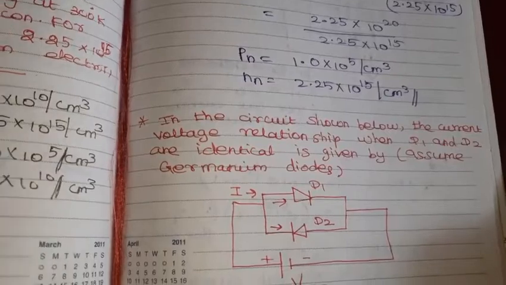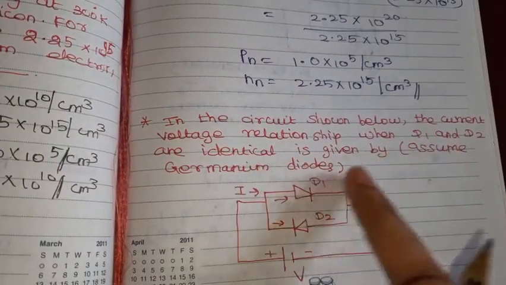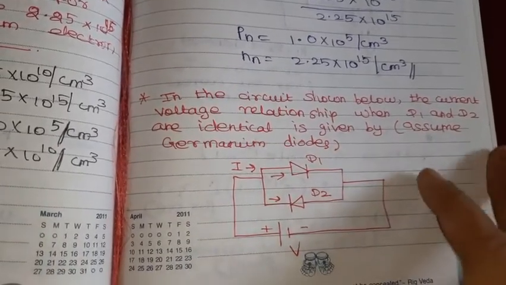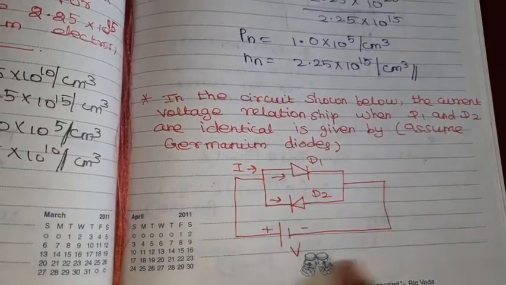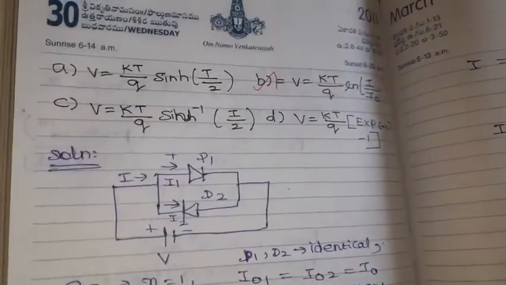What is that? In the circuit shown below, the current voltage relationship when D1 and D2 are identical is given by, assume they are germanium diodes. So the current voltage relationship we need to identify where D1 and D2 are identical. We'll see, four different options are given.